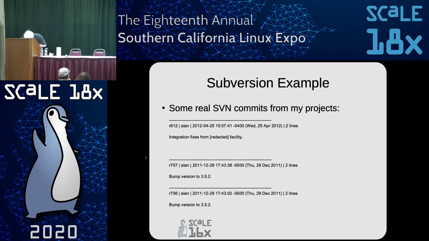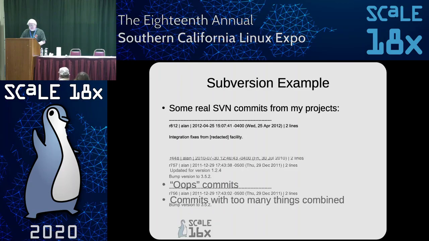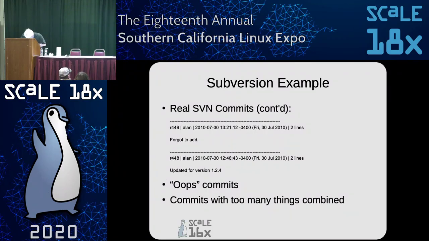Then if you look at these down here, these 2 commits, bump version 2352, exact same commit message, probably means that the second commit is because I forgot something and had to add it in a second commit, but that means the first commit is likely broken. Another example of that here in commit 448, updated version 124, and then right after we have a commit, oops. Yeah, commits with too many things combined, and oops commits, bad.